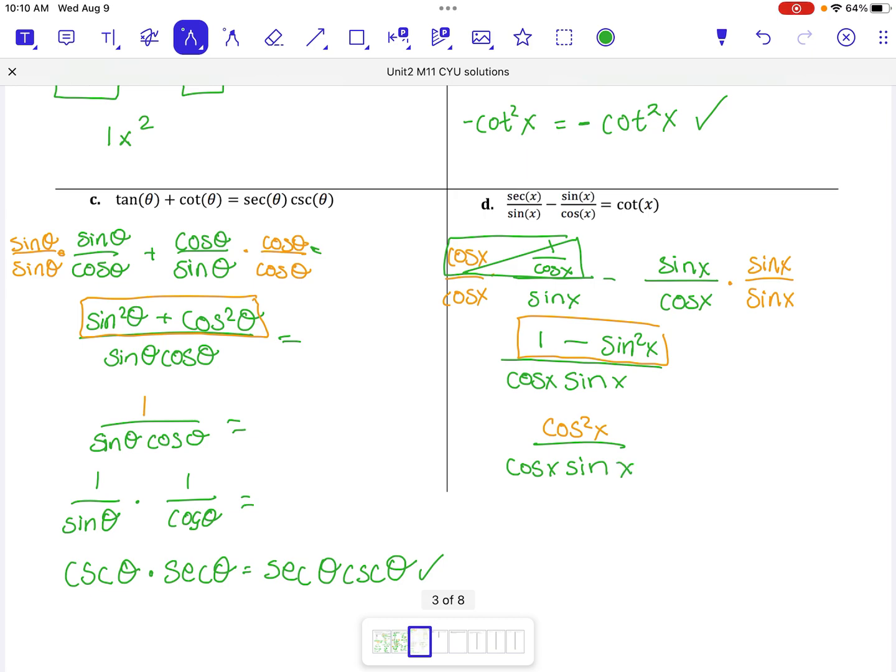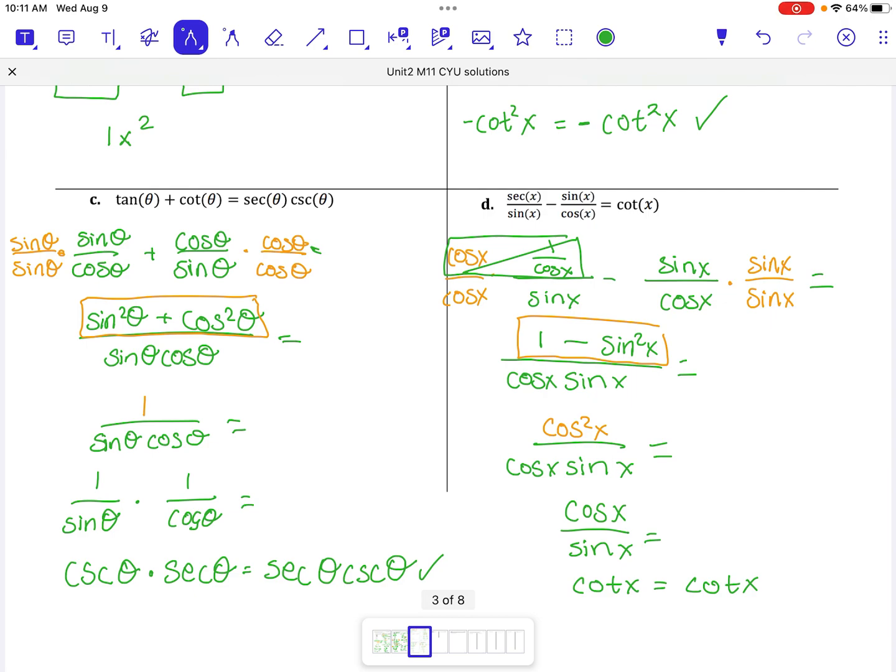We can simplify a little because we got 2 cosines being multiplied in the numerator, 1 in the denominator, so we are really left with just cosine of x over sine of x, which is equal to cotangent of x, which is what we were looking for. And the nice thing about identities is you know where you need to end up. You just need to use some algebra skills to get you there.